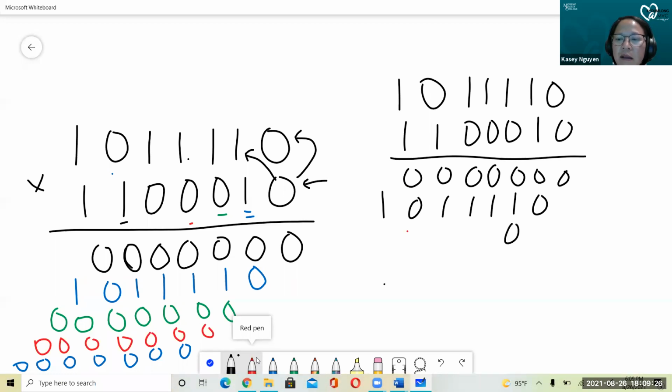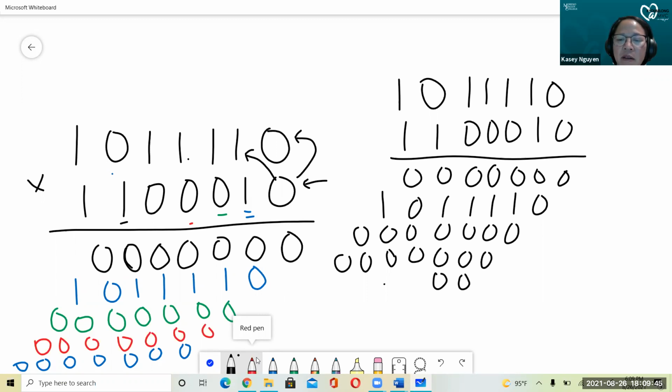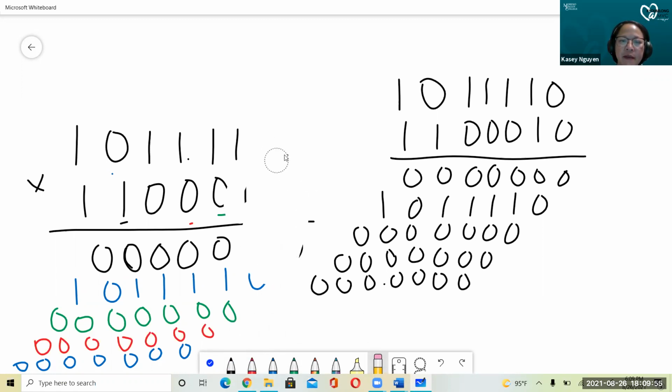Okay, and then the next is going to be over 0. Okay, and then another set of 0. Another set of 0. And then we are going to move now into the ones and we're going to add it up.